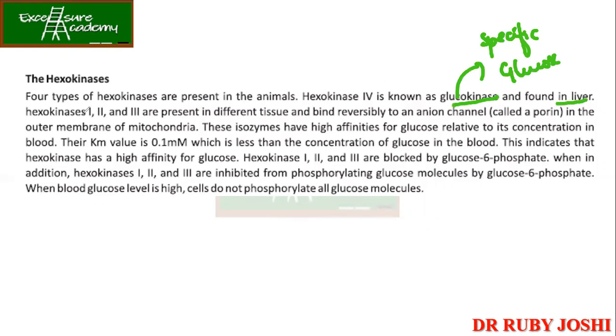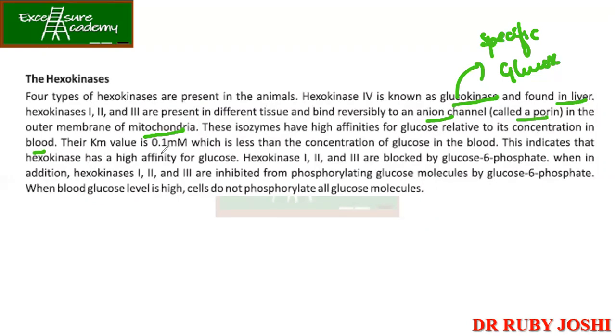Now hexokinases 1, 2 and 3 are present in different tissues and bind reversibly to an ion channel called porin in the outer membrane of the mitochondria. Now, these isozymes have high affinities for glucose relative to its concentration in the blood.